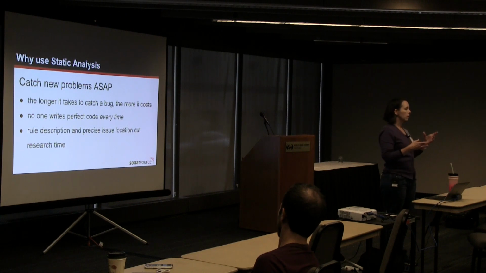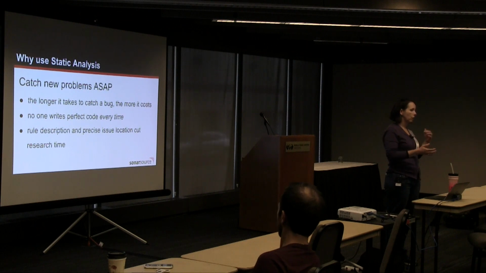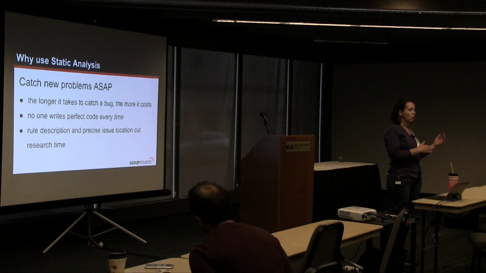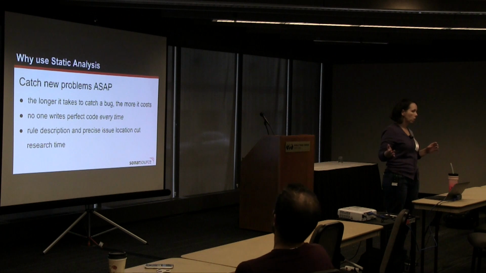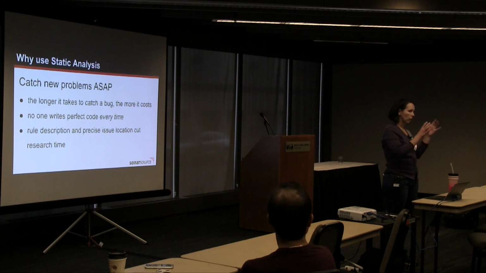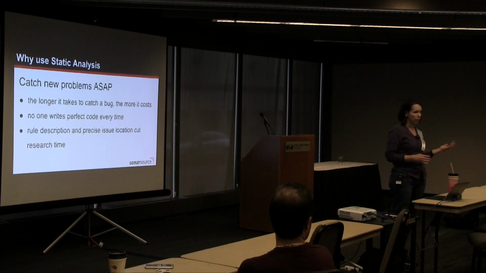Now, let me be clear to say that we can't figure out that you did the wrong thing, but we can figure out that you did something in a wrong way, right? So if it was supposed to be blue and you made it purple, we can't figure that out. We can't read the requirements. But if you've made some other kinds of mistakes, we can find out with static analysis.